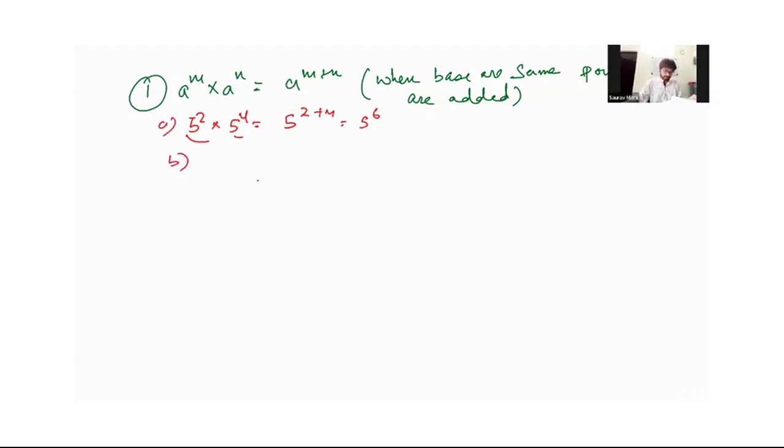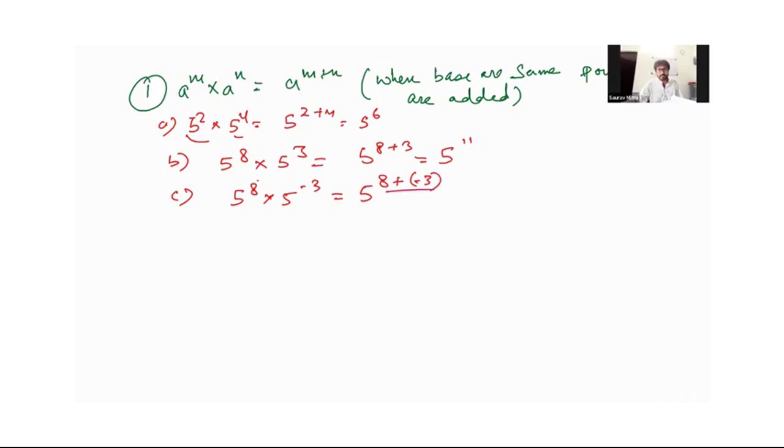If you have 5 to the power 8 into 5 to the power 3, this will be written as 5 to the power 8 plus 3, that is 5 to the power 11. Again, if you have an example like 5 to the power 8 into 5 to the power minus 3, what will you do? You add the powers, so it will be written as 8 plus minus 3.